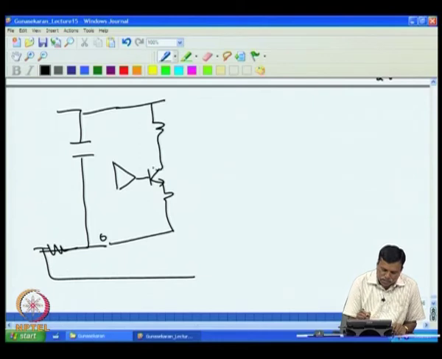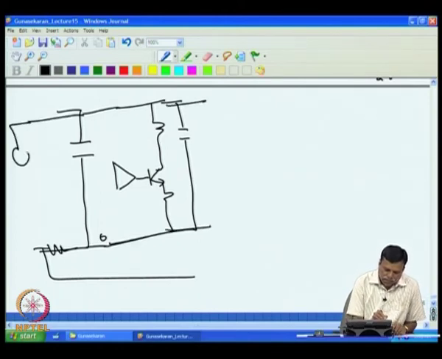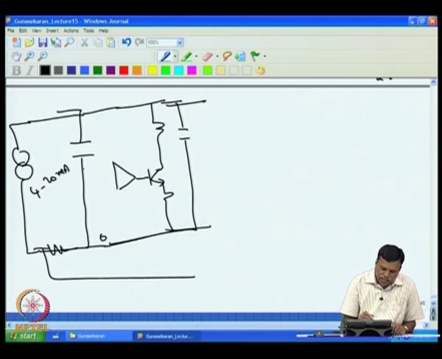Then we have one more capacitor, because we want to avoid oscillation. So this is your 4 to 20 milliampere current, and this is the resistance. Here we have 100 ohms. This is our ground.